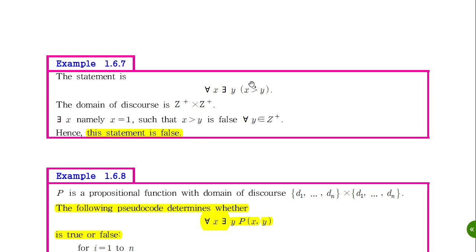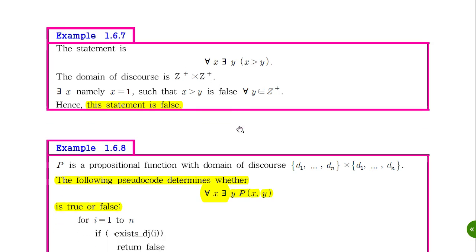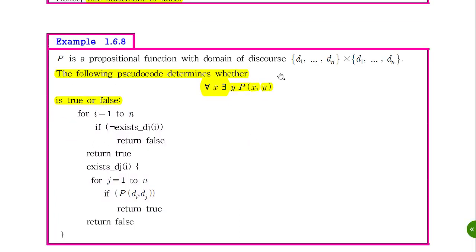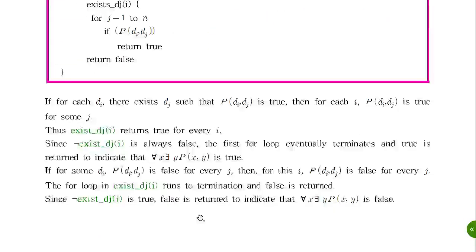So this statement is false when the domain is Z plus cross Z plus. But this statement is true for real cross real. So the domain of discourse is important. When we do have a domain of discourse of this cross product, then we do have more subroutines to check all the cases.